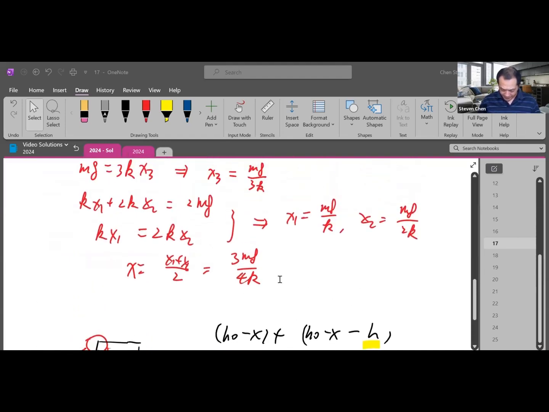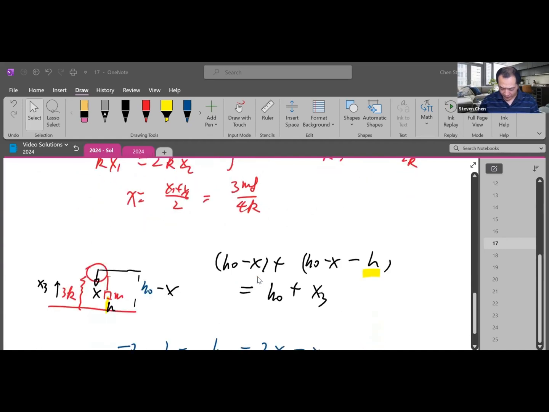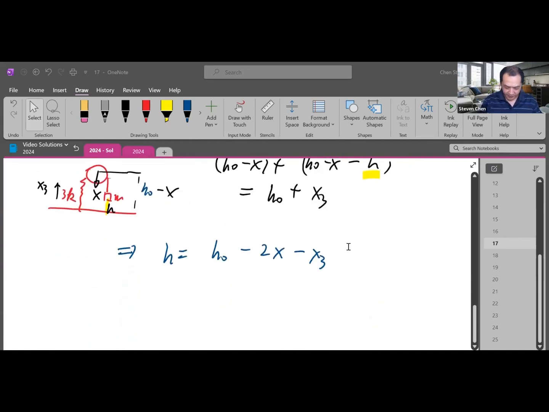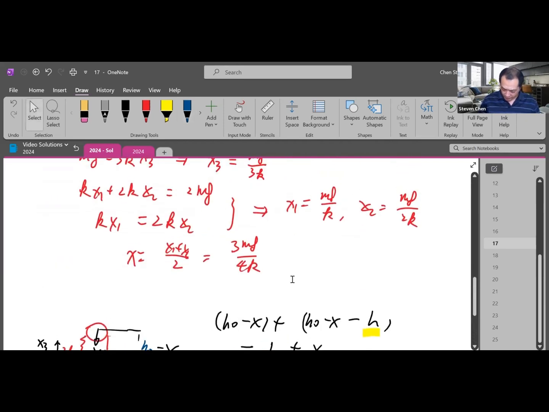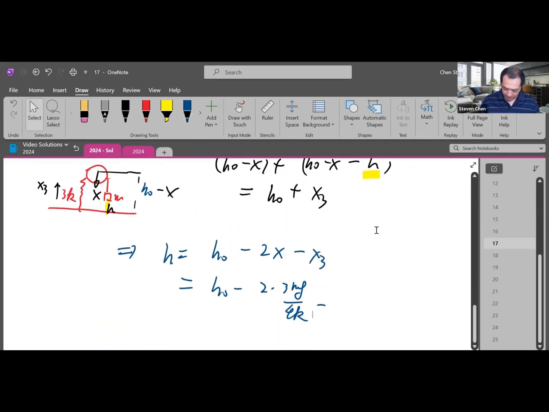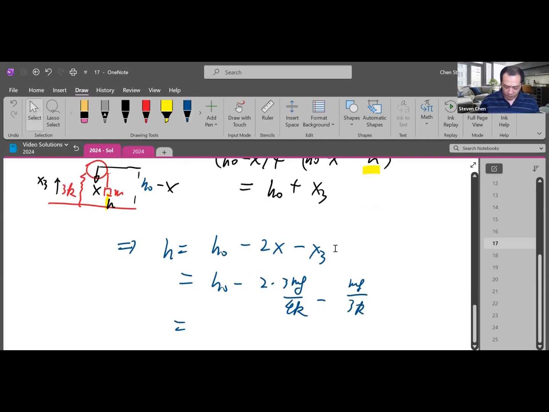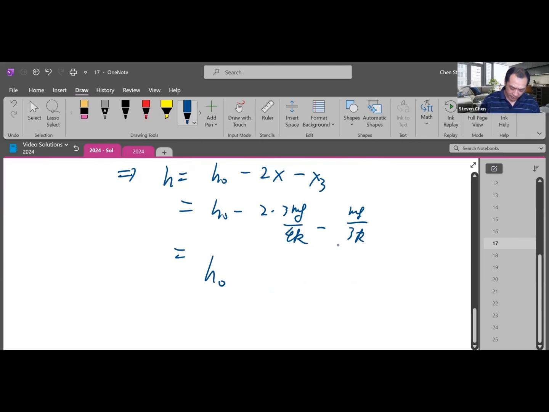Recall that x is equal to 3mg over 4K, and X3 is equal to mg over 3K. So the height is equal to this.